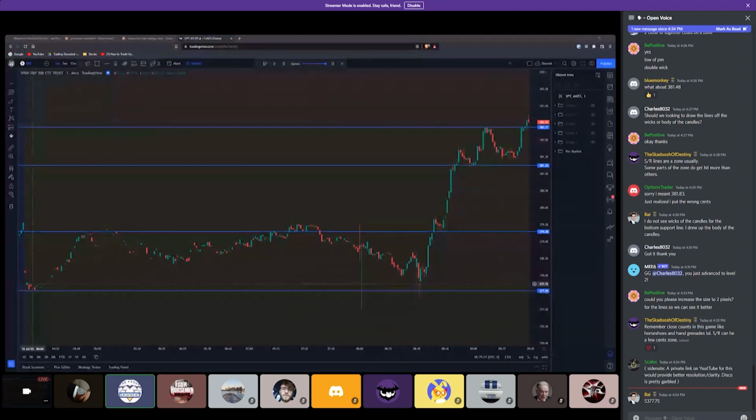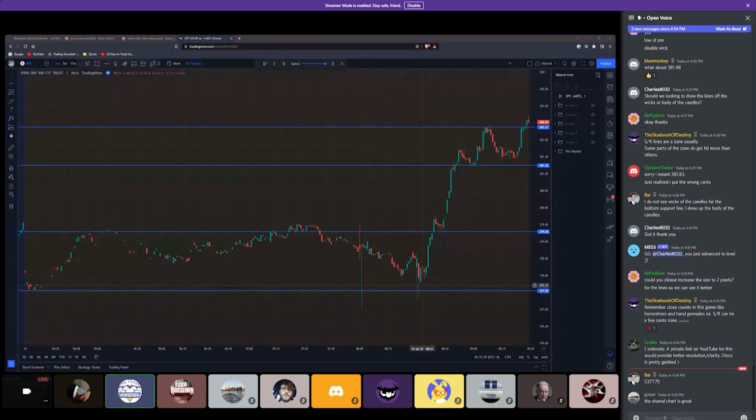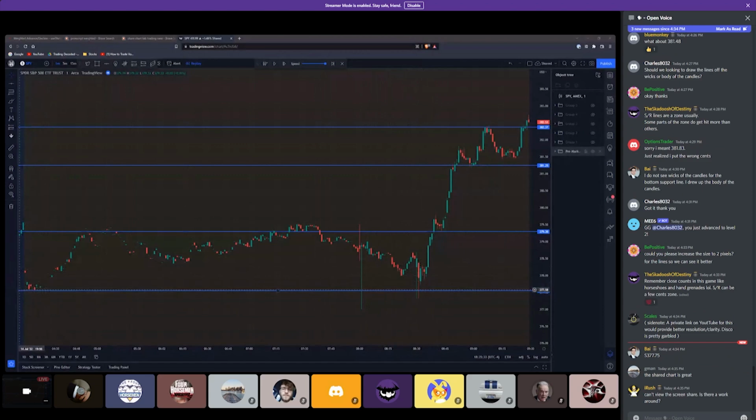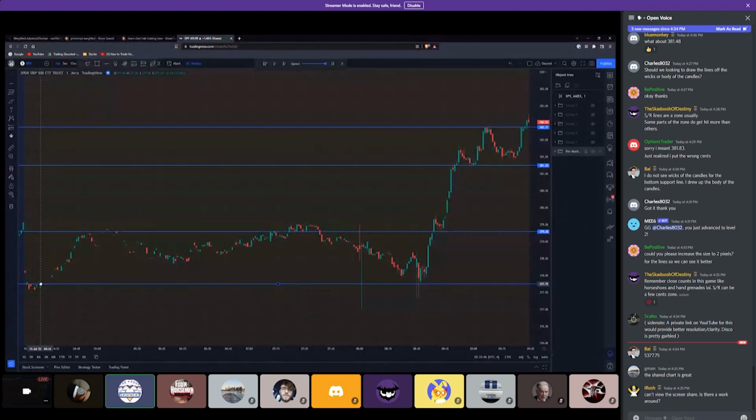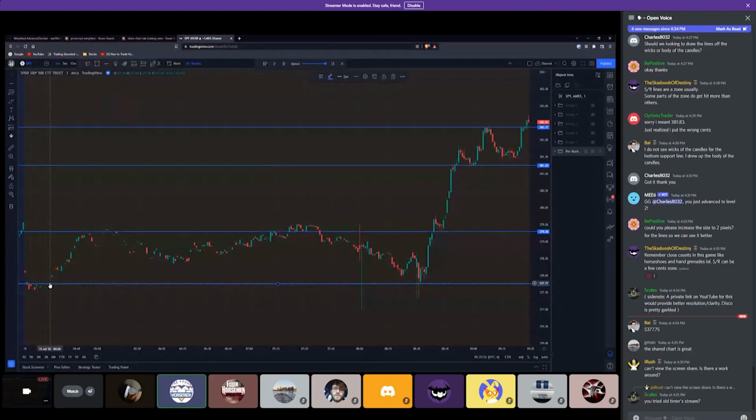You've got all the touches you wanted up here, but the low of day is actually down here. Now, if these candles weren't down here, you could move it up here if you had just this one red candle or maybe these couple blips. You could probably ignore them.